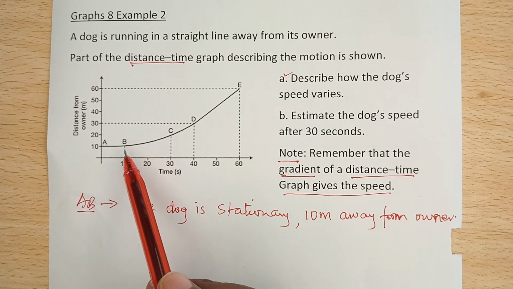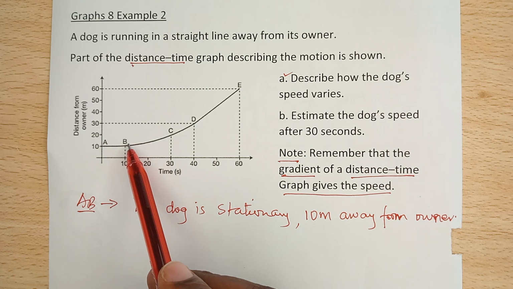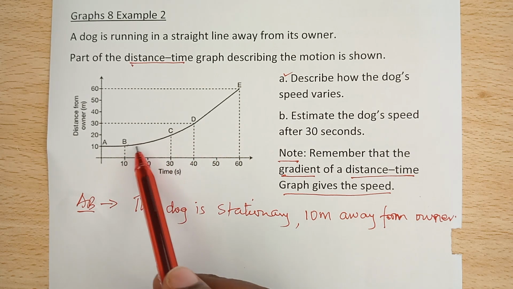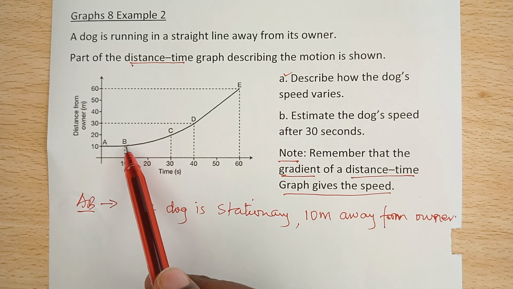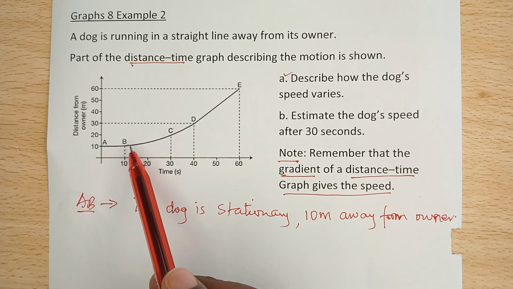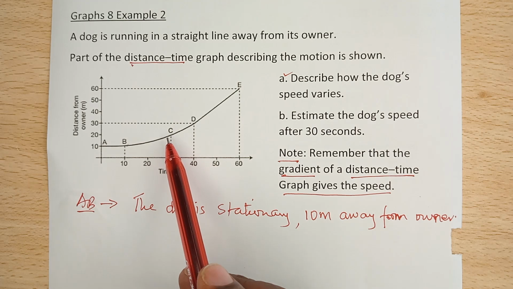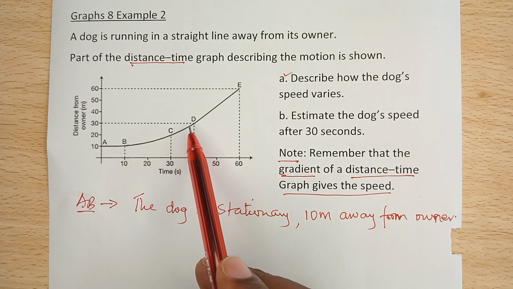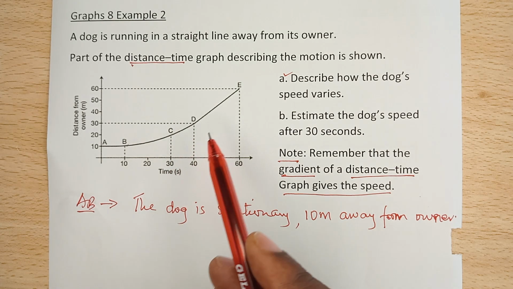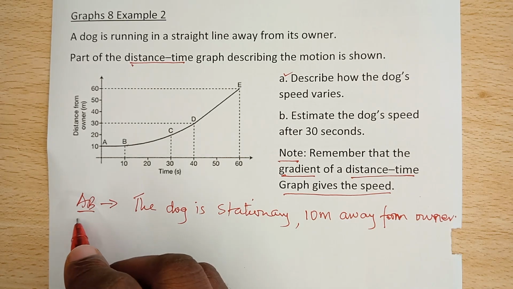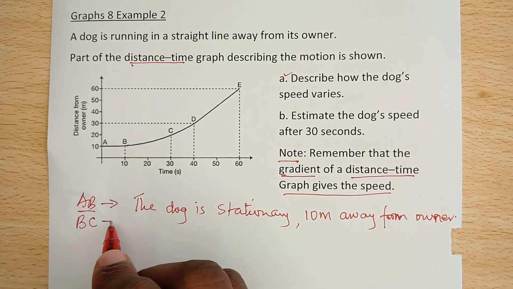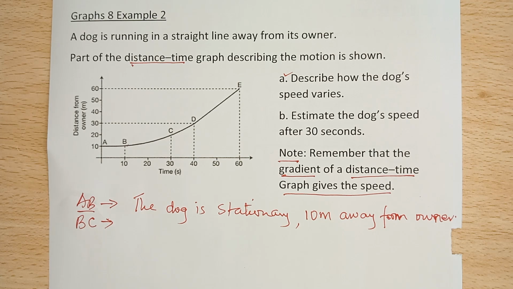But if you look at the same graph, from point B to point D, a curve starts forming. The gradient at B is not the same as the gradient at C, and it is eventually not the same as the gradient at D. From B to C there is a curve.